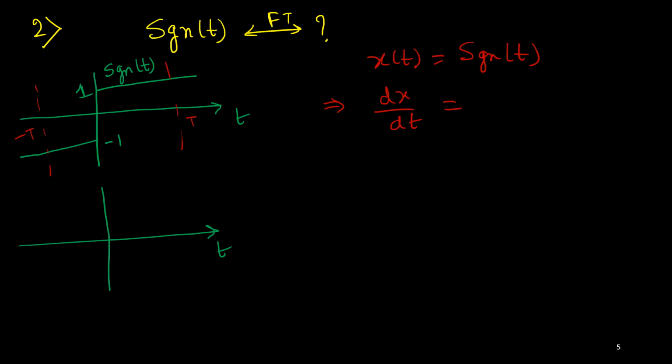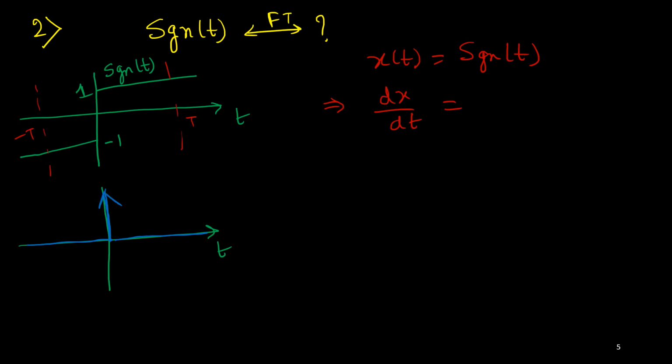On the right side it is constant, so it also remains 0. But there is a change from minus 1 to plus 1 at t equal to 0. That indicates that you will have an impulse at this location.